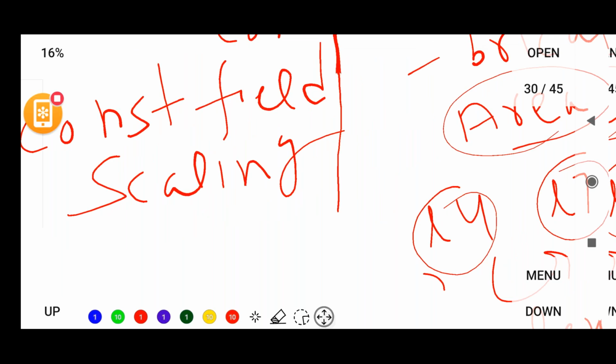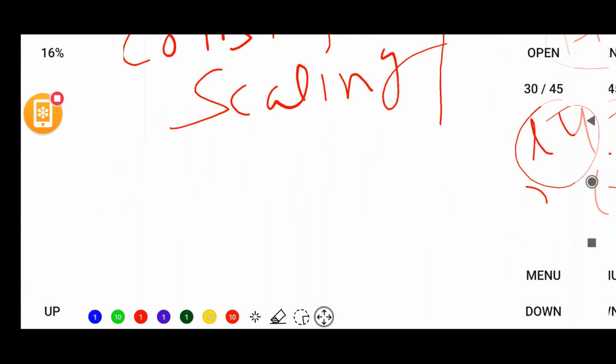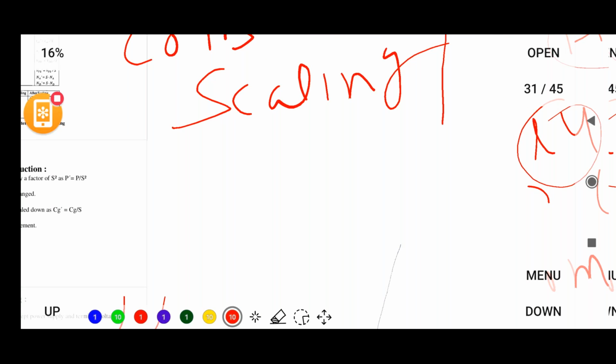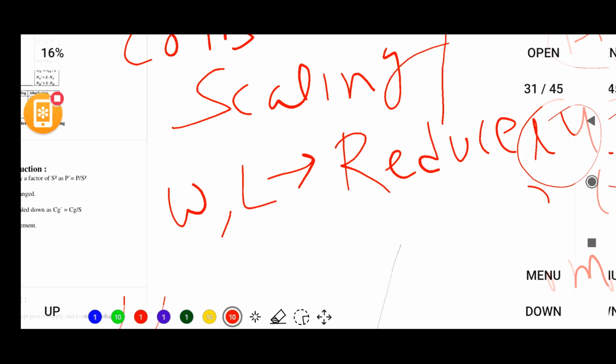Now understand here, your W and L values are reduced. In that way, the electric field of your device is increased.